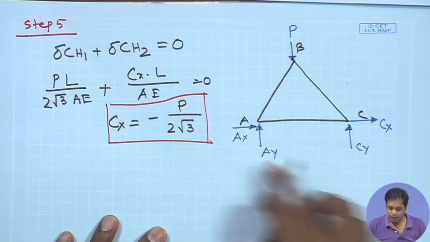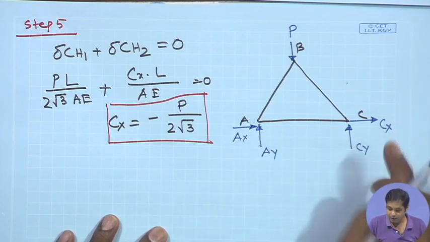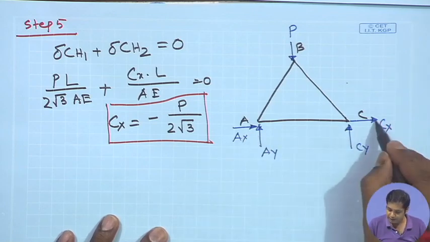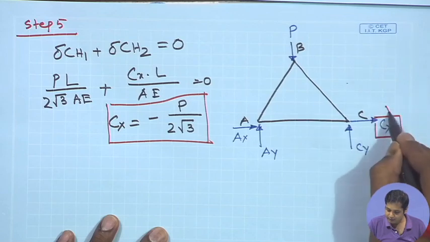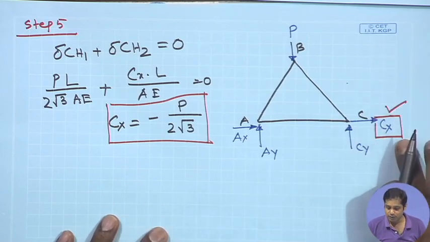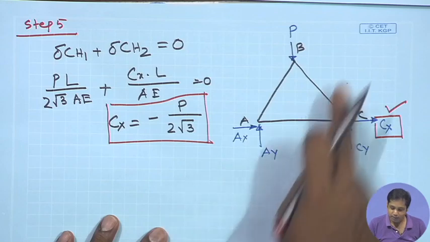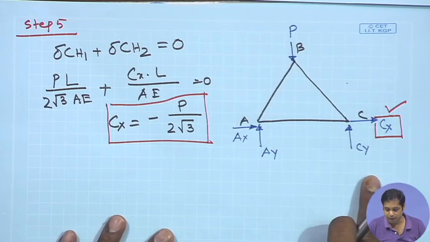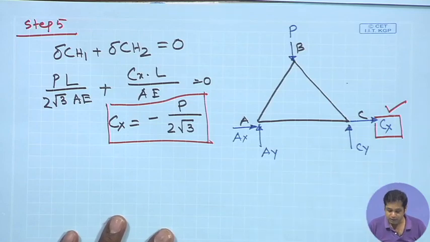Now, there were 4 unknowns, but now Cx is known. So once you know Cx, the rest is that you apply the other 3 equilibrium conditions: summation of Fx is equal to 0, summation of Fy is equal to 0, and summation of moment is equal to 0, and we get the value of the other support reactions.